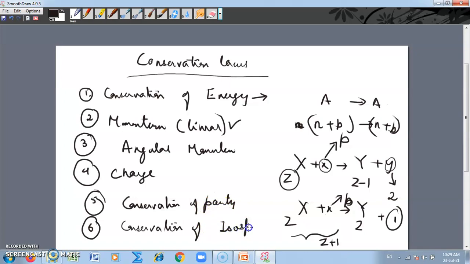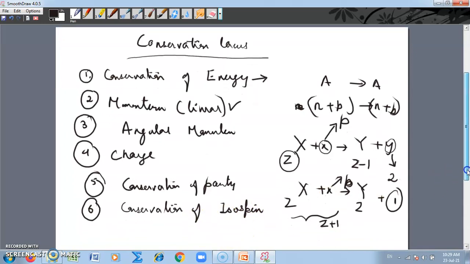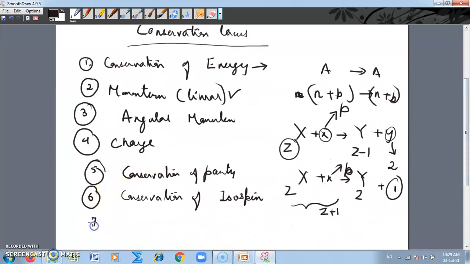We have also talked about isospin in our first unit. And then, something I have forgotten to mention, I should have mentioned in the beginning, conservation of spin. So what is conservation of spins actually?